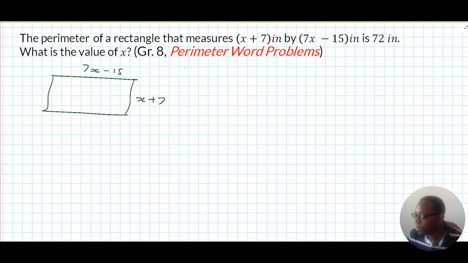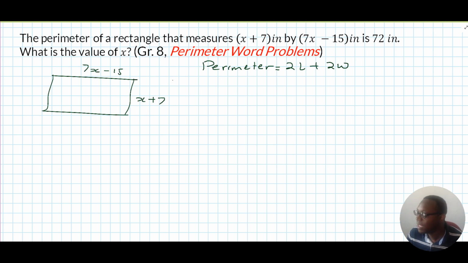What you know is the perimeter is the sum of all the sides of a rectangle. We can also say it is twice the length plus twice the width. Some may call it the breadth, but we just use width here. So twice the length plus twice the width is going to give you your perimeter.